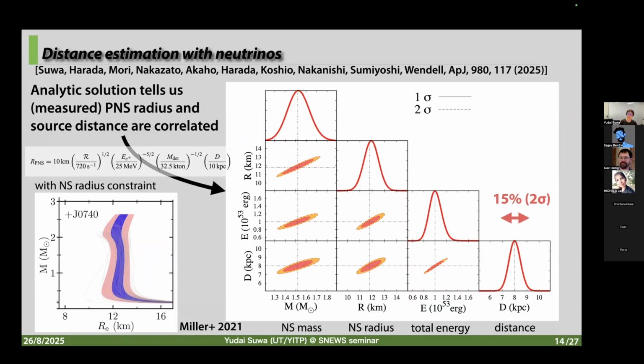And here we found that we can estimate a distance toward the supernova within 15% at 2 sigma uncertainties. And this distance estimate is possible because we know the neutron star radius from the NICER observation here. So an X-ray telescope can measure the neutron star radius with about 10% statistical error. Then once we put the proto-neutron star radius here, we can estimate distance, and vice versa.